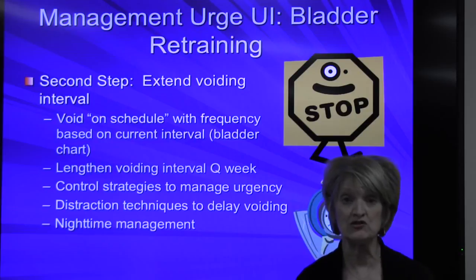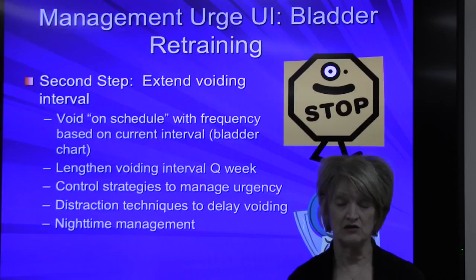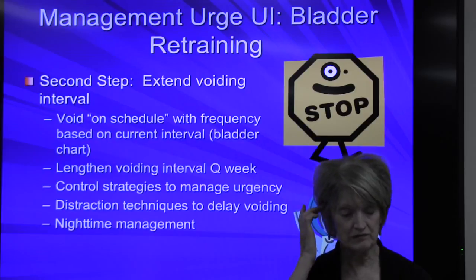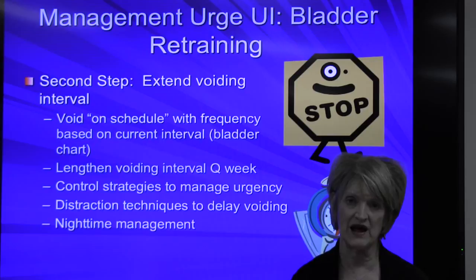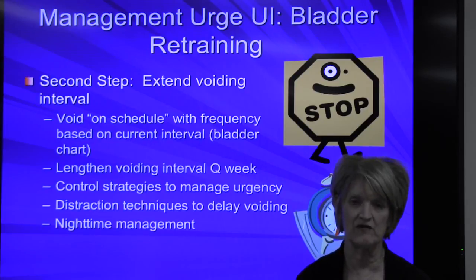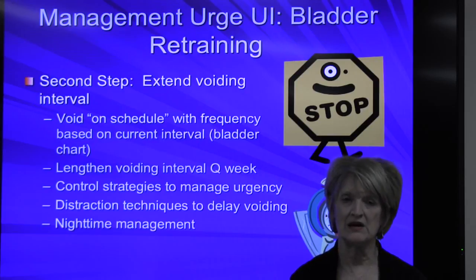So your initial schedule is based on their current voiding frequency. So you have them do a bladder chart. Let's say that I was voiding every hour to hour and a half. Okay, so sometimes I'm going an hour and a half, so we're going to start with an hour and a half. So you're going to say, okay, you're going to void every hour and a half. So we're going to start it when you first get up in the morning.